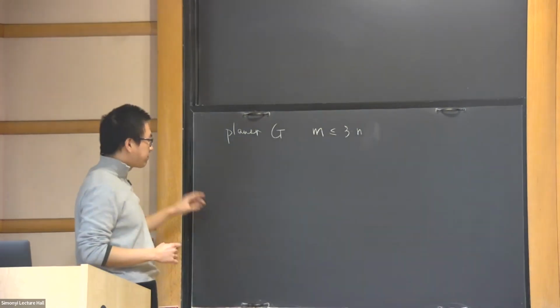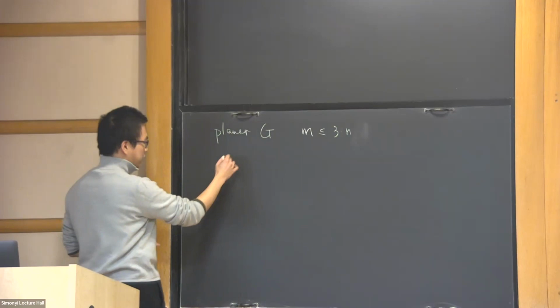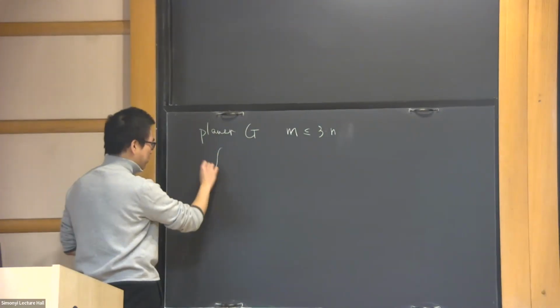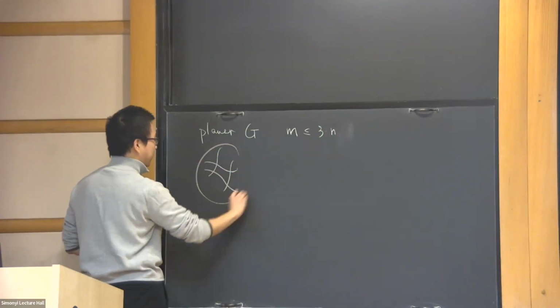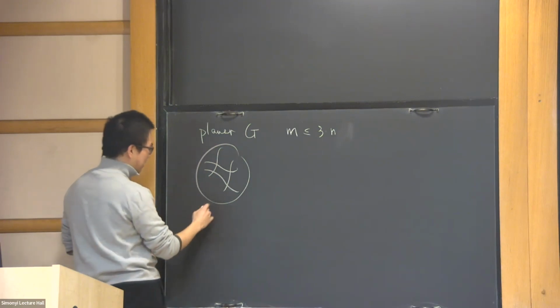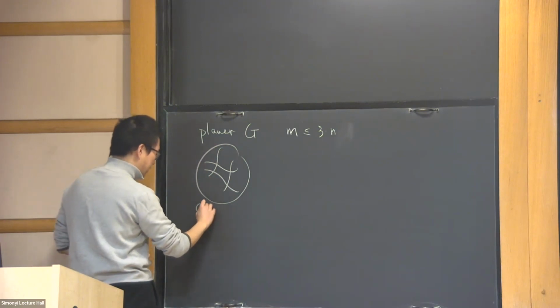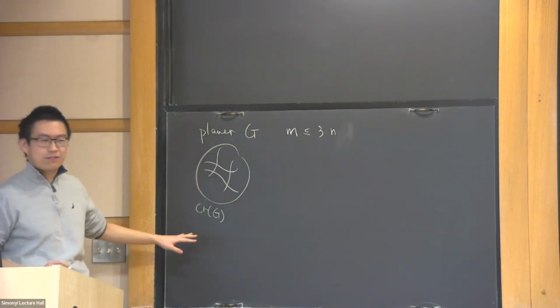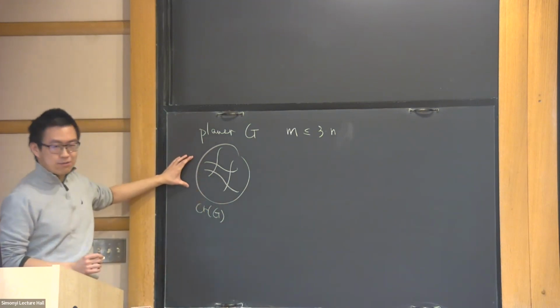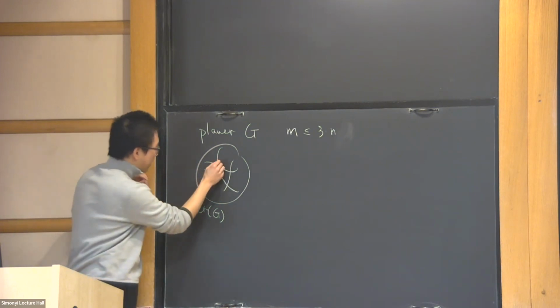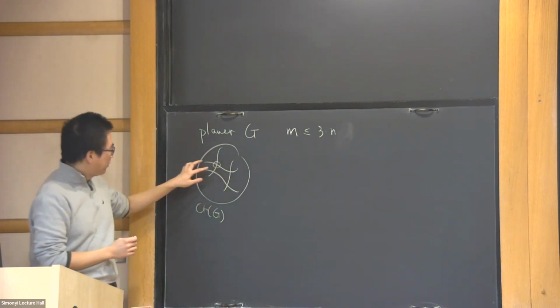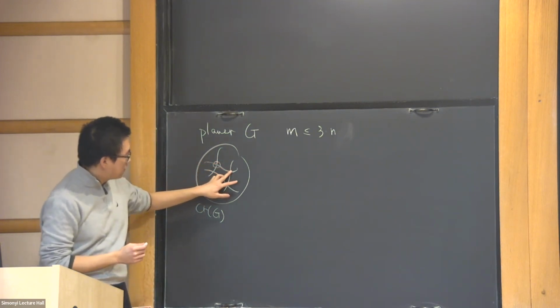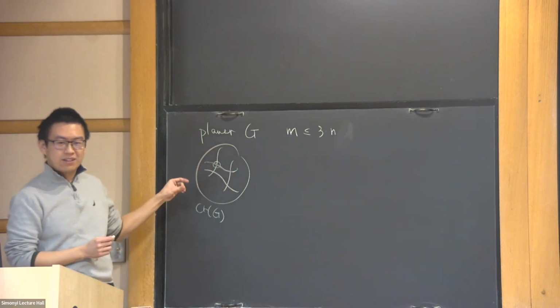Now let's say a graph G is drawn in some optimal way, and this drawing of G contains cr(G) crossings, where cr(G) is the crossing number of this graph. For every crossing, we delete one of the edges that participate in the crossing.